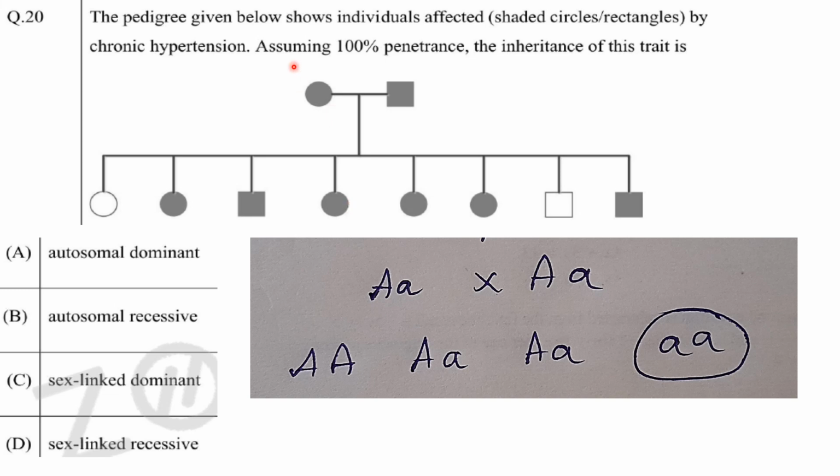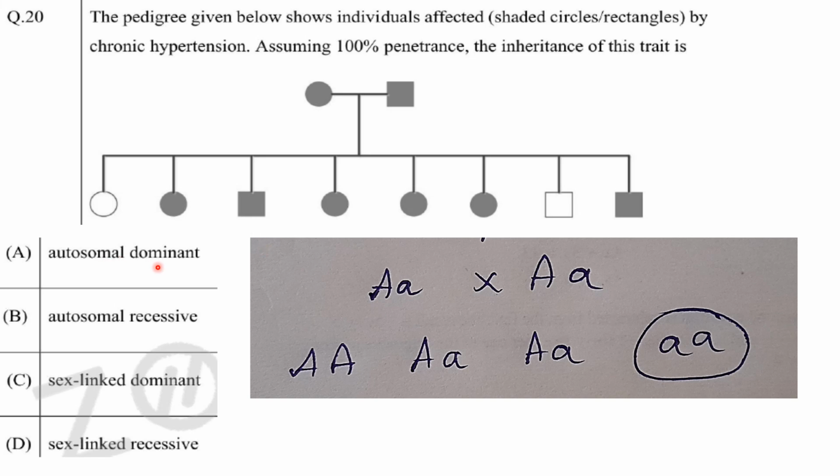When you see this generation, you can see that the majority of the people are having the disease. Only 2 of them are not having the disease. Both the parents are affected with the disease. Now, why did these two not have it? So it has to do something with dominance, and I told you it is autosomal dominant.